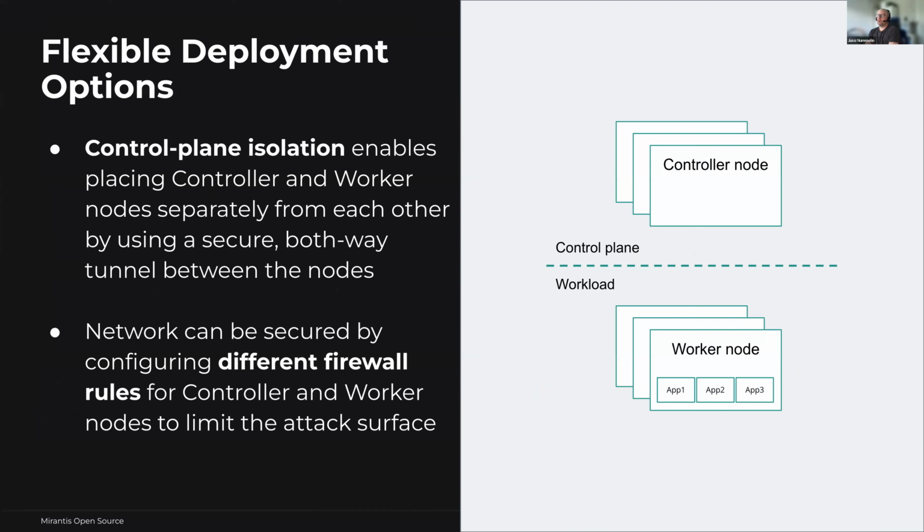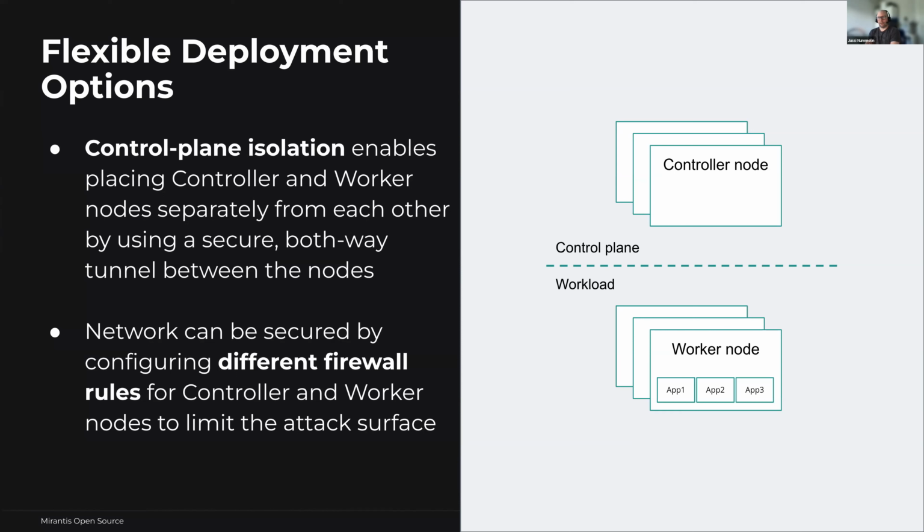So one of the unique things in k0s is a feature that we call control plane isolation. It's actually quite a bit more than the usual isolation by using taints and tolerations. You can actually place your controller and worker nodes really separate from the network point of view.